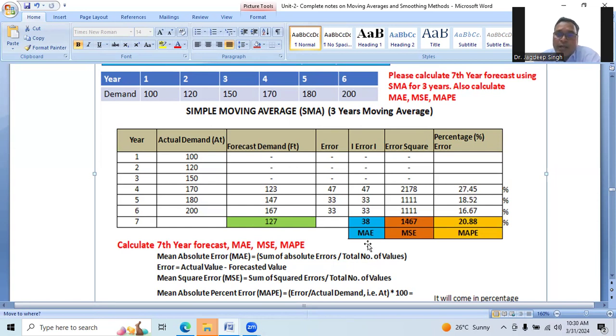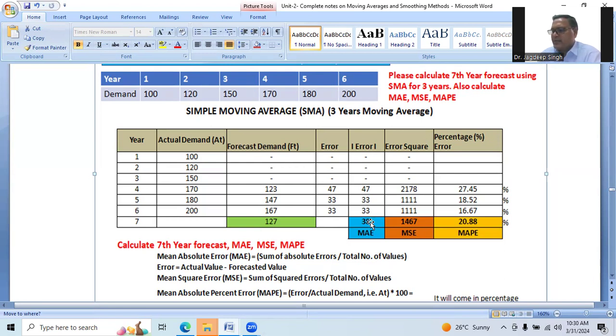Now how to calculate MAE, MSE and MAPE? What is MAE? It is mean absolute error. Simply, these 47, 33 and 33 are the absolute errors. We need to take the mean of these errors, which gives us MAE. So 47 plus 33 plus 33 divided by 3 becomes 38.